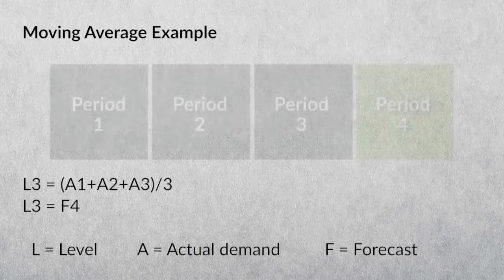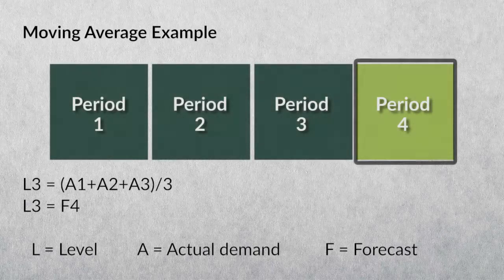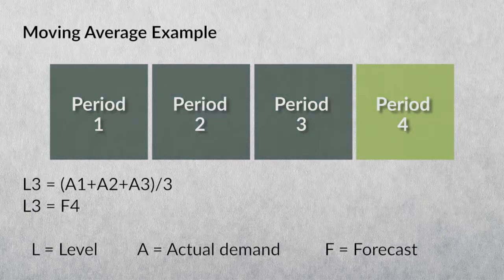So for example, in a 3-period model, the first period that we can forecast would be time period 4, because we need to have 3 periods of data before we can actually forecast. Whenever we're looking at averages, we refer to that as level. So level in time period 3 will be the average of time period 1, time period 2, and time period 3.